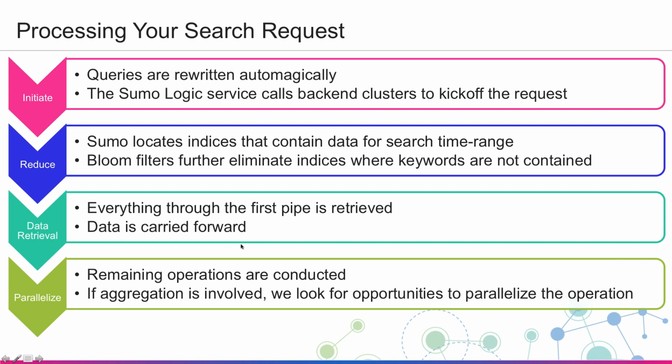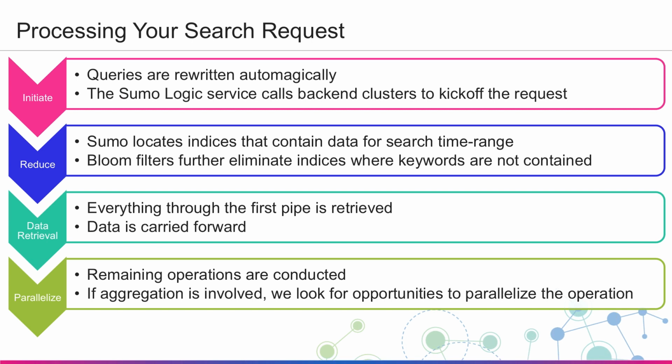Okay, once the query is rewritten, then Sumo Logic service basically calls a bunch of backend clusters to kick off the request. We then try and locate the indices that contain data for the search time range that you've applied. Bloom filters, as I mentioned earlier, will further eliminate data or indices where keywords are not contained, right?